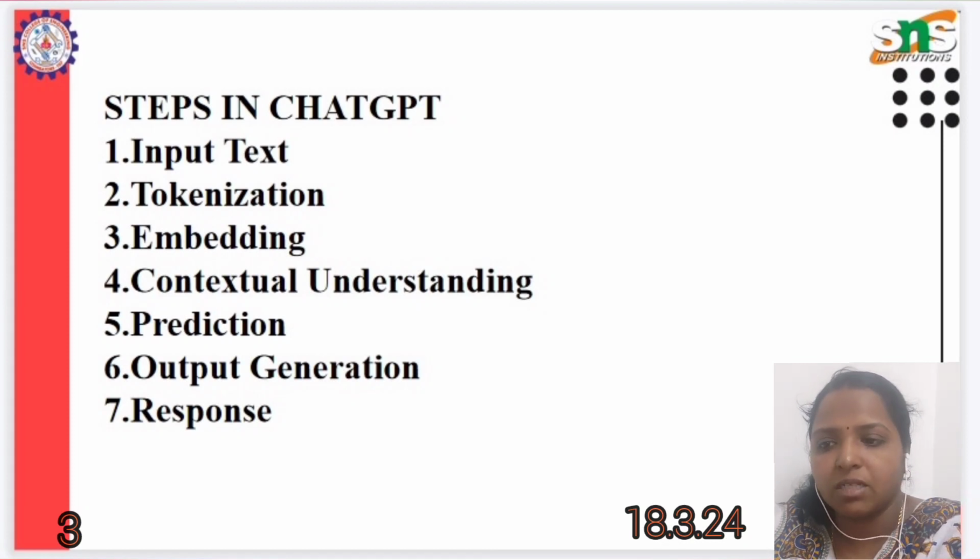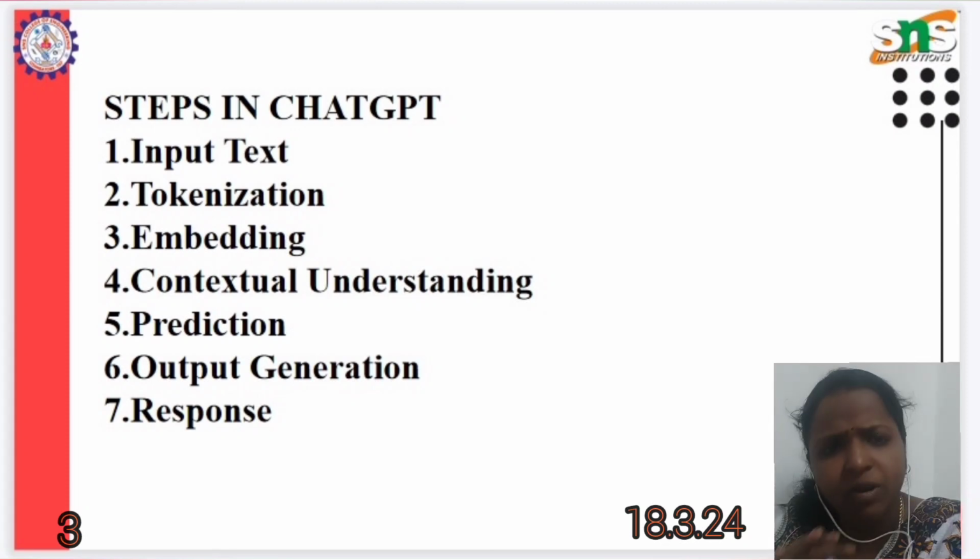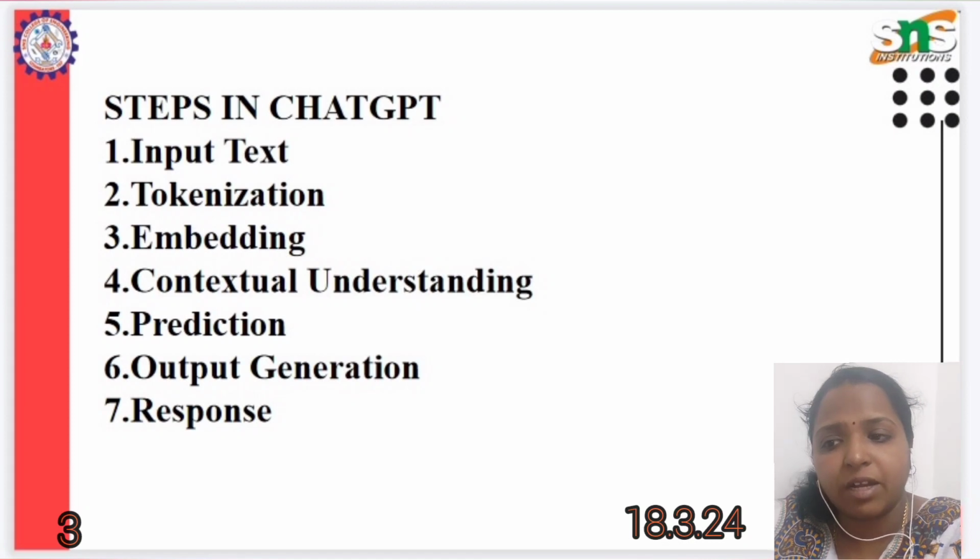Next it goes for prediction. Based on its embedding and contextual understanding of the input text, ChatGPT predicts the most likely next token or a sequence of tokens. It tries to put together the tokens, the words, from its understanding, and it does this generation with the help of probability, generating the probabilities of each possible token in its vocabulary.